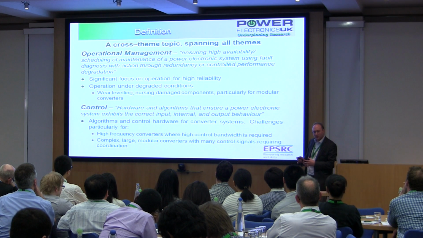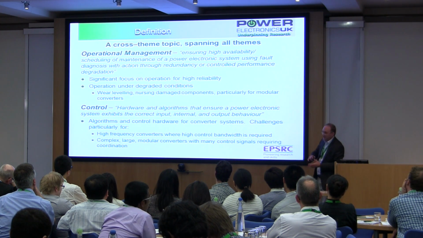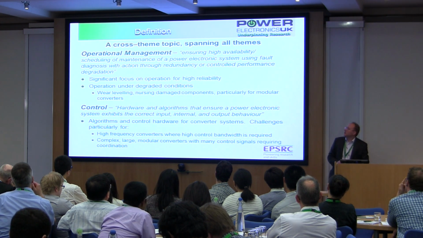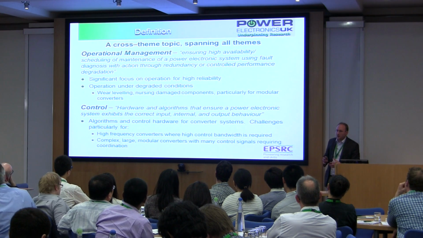And if you detect that a particular part of a converter is starting to degrade for some reason, and it depends obviously on the converter topology as to whether you can do anything about that, but if you've got some redundancy or modularity in the converter, you might be able to change the way that you operate the converter in order to get an additional life out of it, or at least run it in a controlled, degraded fashion.